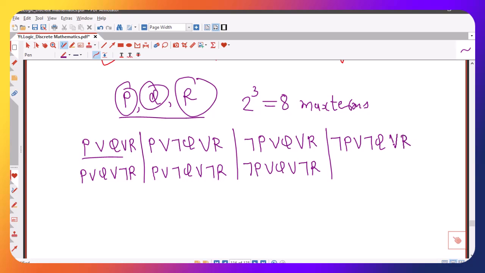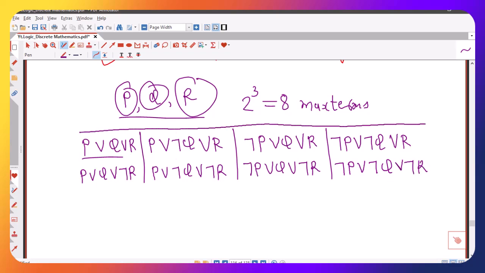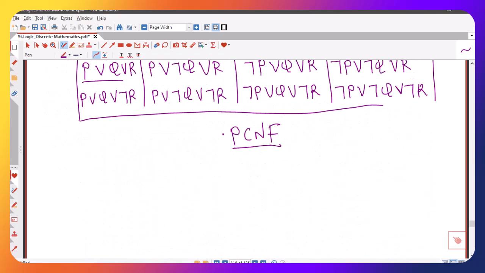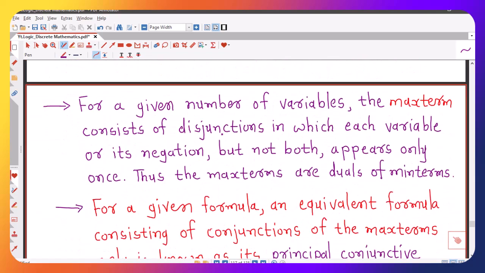Same thing here, negation p or negation q or negation r. So if I have three statement variables, then I will have 8 max terms, and if I consider the conjunction of any of these 8 max terms, then I will obtain the principal conjunctive normal form in the case of three statement variables. So this is all about principal conjunctive normal form.